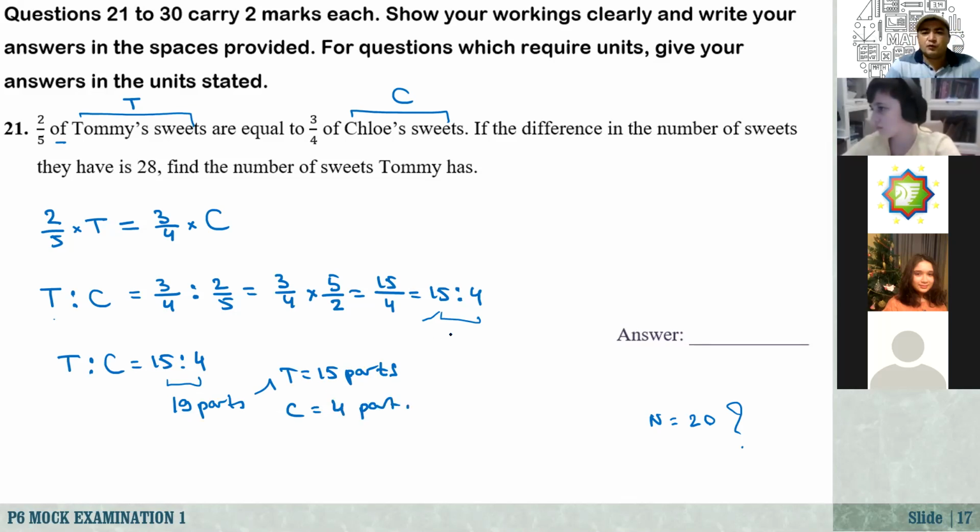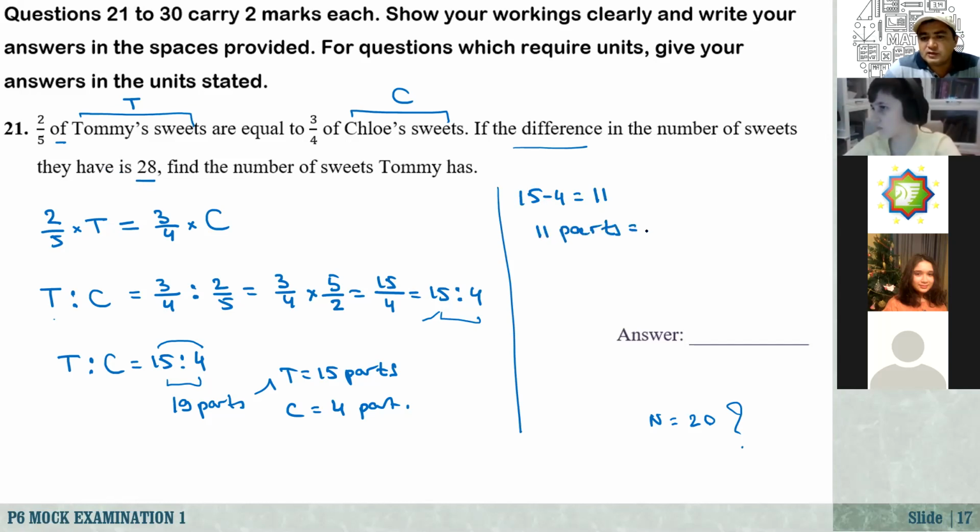Now in the question, it says that the difference in the number of sweets they have is 28. What's the difference here? 15 minus 4, it is 11, right? Oh, why did I write 4?